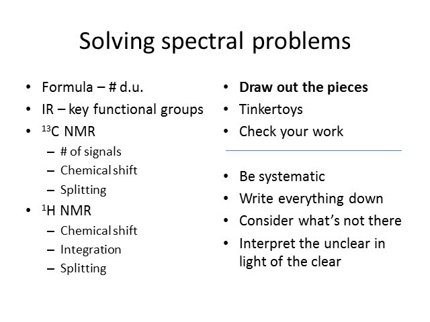If I had the IR, I would look very quickly at it and figure out how many functional groups of various types that I have. If I had the carbon-13 NMR, I would count the signals, which would tell me about symmetry. I'd look at the chemical shift, which would tell me about the types of bonding. I'd look at splitting patterns, which would tell me how many hydrogens were attached to each carbon.